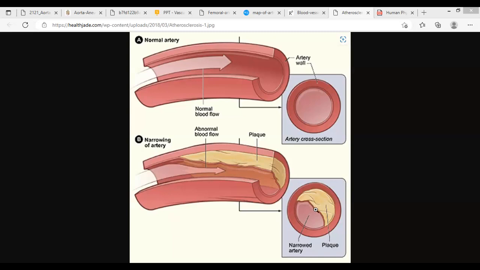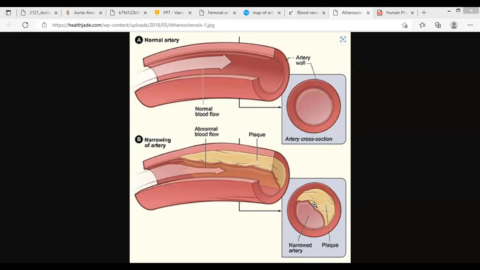Even the statins, atorvastatin, pravastatin, stabilize these atherosclerotic plaques. But if it's not stable, the cholesterol is still building up, and it eventually leads to rupture.